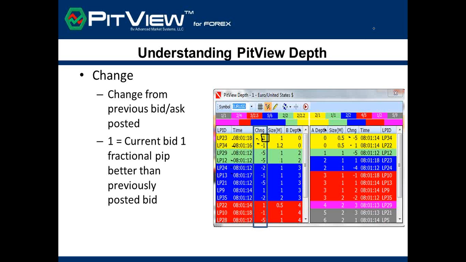When it shows a change of +1 for LP23, and remember the yellow area right in here is the best bid, and the yellow area over here is the best ask, it means that their current bid is 1 fractional pip, whenever it has a 1 or a 2 under the depth or the change, 1 fractional pip being the minimum quote size for an individual currency pair, better than their previously posted bid.